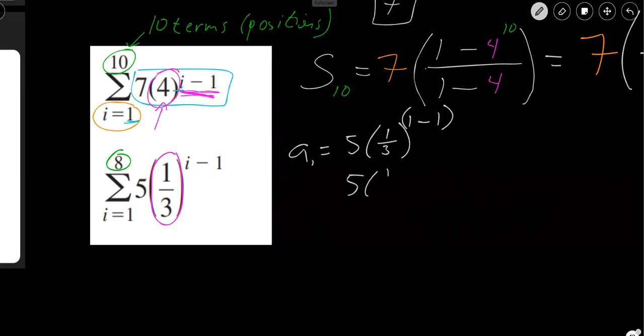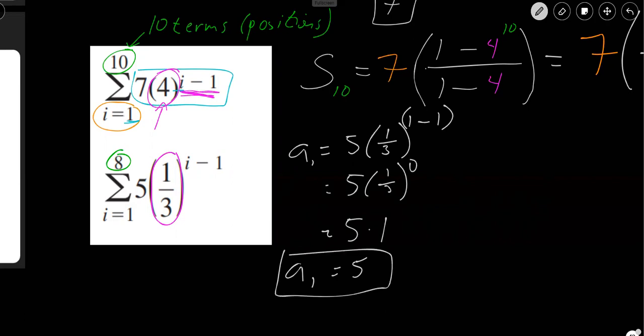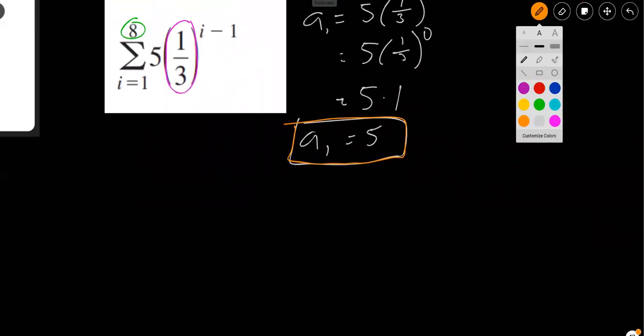That's 5 times 1/3 to the 0, which is 5 times 1, which is just 5. So A1 is equal to 5. Should outline that in orange. That's what I've been using for A1. So I know A1. Now I just need to build my sum.